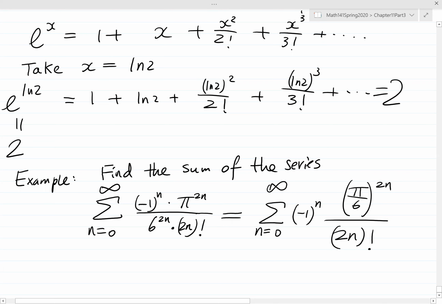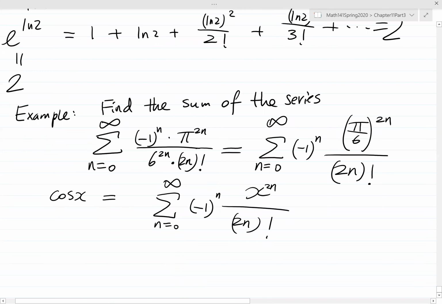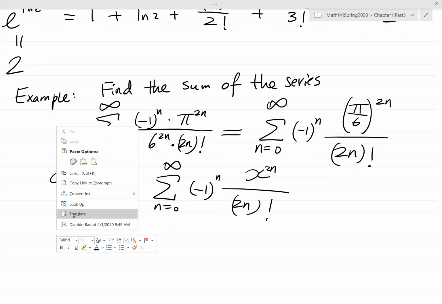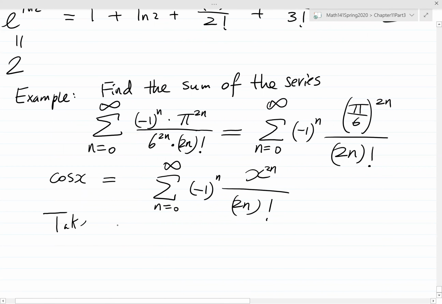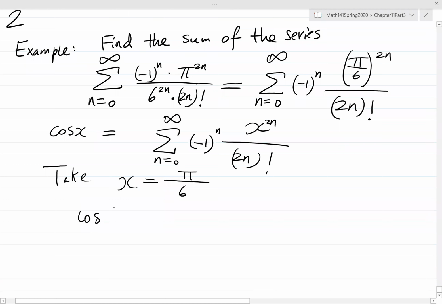Remember, in this case we have 2n factorial. If you look at the cosine, it actually is the sum from n equals 0 to infinity of -1 to the power n, x to the power 2n over 2n factorial. So this is the Maclaurin series of cosine. Then we take x to be pi over 6. Then we get cosine pi over 6.